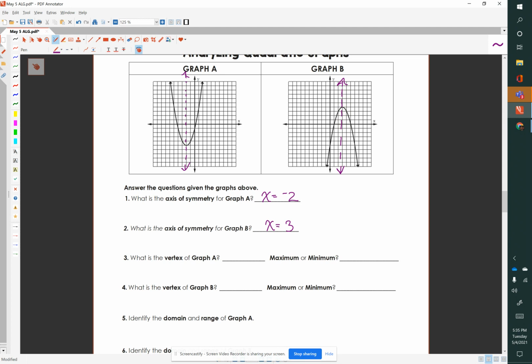The vertex of graph A is right here. So that would be -2, and our y value is 1, 2, 3, 4, 5, -5. And that would be a minimum because it's an upward facing parabola.